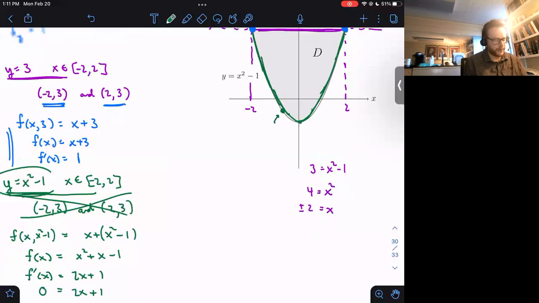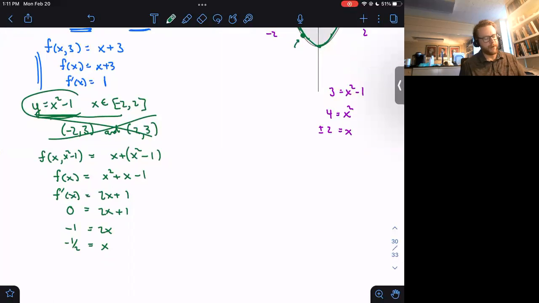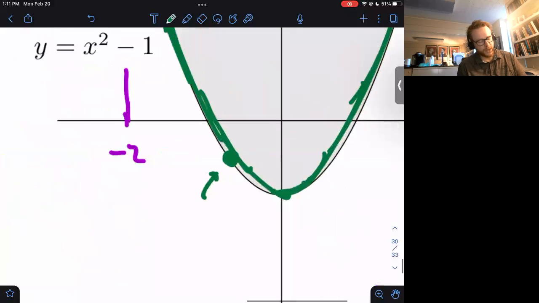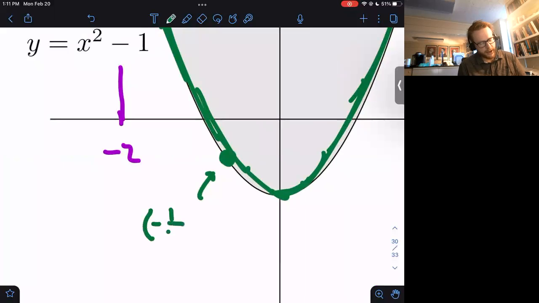But let's get the full point. If I wanted the y value here, I would plug that into my y equation, and that'll give me y is equal to (-1/2) squared minus 1. So that's going to be 1/4 minus 1, which is -3/4. So we have this point here of (-1/2, -3/4).